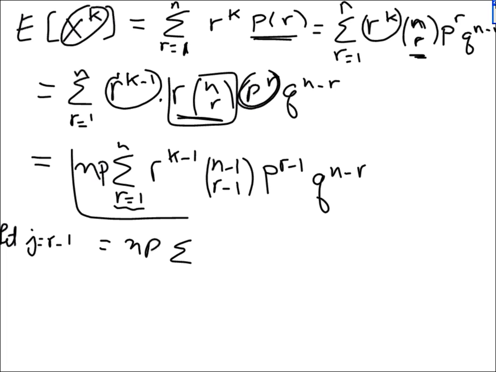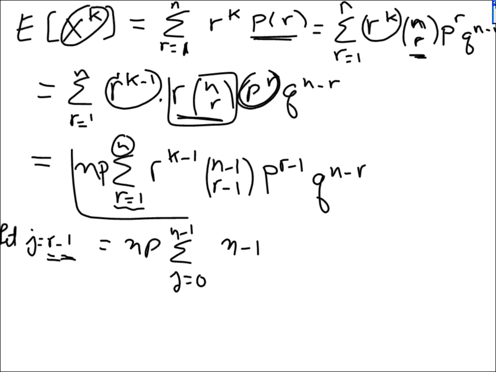If r starts at 1, 1 minus 1 is 0. That is, j will start at 0. And if r finishes at n, then j is going to finish at n minus 1.